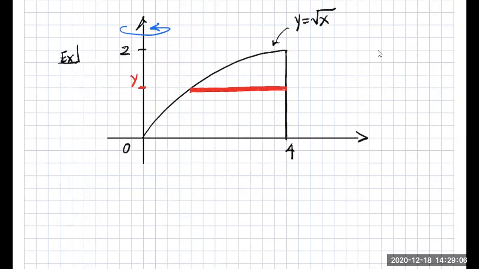Remember, this whole idea of finding these volumes is the disk method. In order to get a disk out of this, you should remember this always: your differential rectangle has to be perpendicular to the axis of revolution. Remember that, gang. It's important. You should make a note of it. In order to use the disk method, the differential rectangle has to be perpendicular to the axis of revolution. It doesn't have to touch it, but it has to be perpendicular to it.